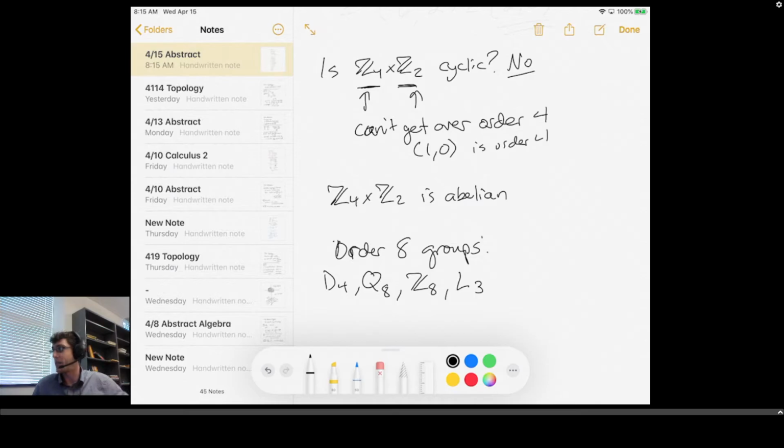Ah, is it the same, Tyler? You have to look closely. It looks an awful lot like it, but there's one difference. Because also think about this, right? If they are isomorphic, could this be abelian? Right, because D4 is not abelian.